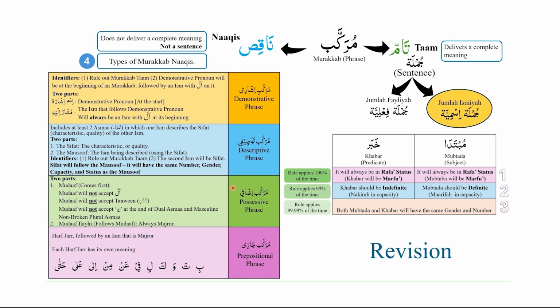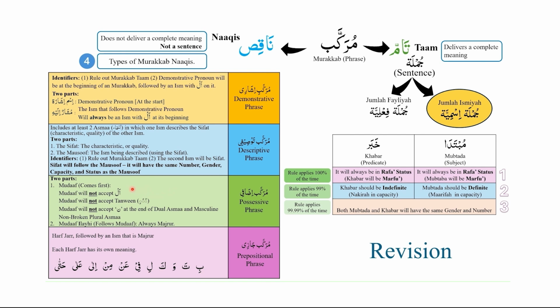Murakkab Izafi or possessive phrase. Murakkab Izafi has two parts, mudaf, which comes first, and it is followed by mudaf ilayh. Possessive phrase or Murakkab Izafi establishes a relationship of possession or belonging between one ism and the other.